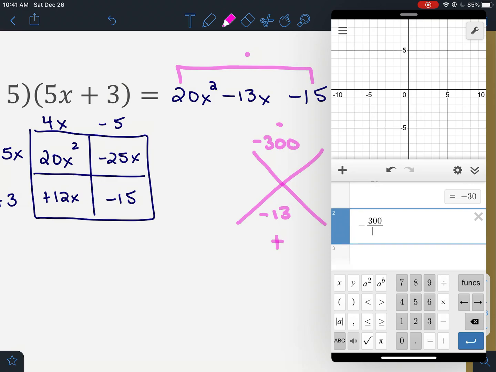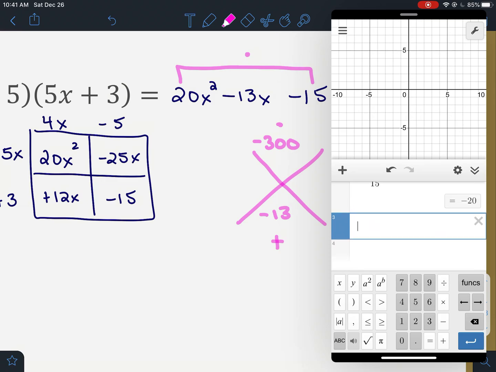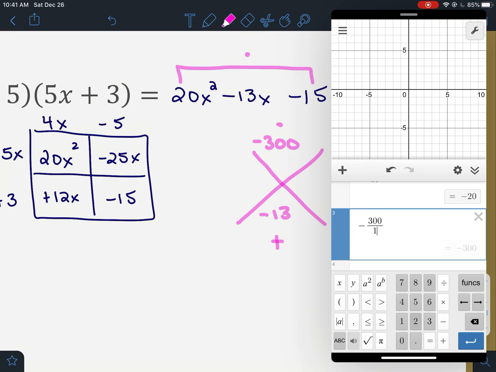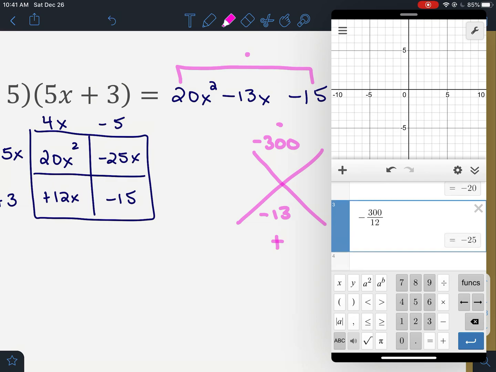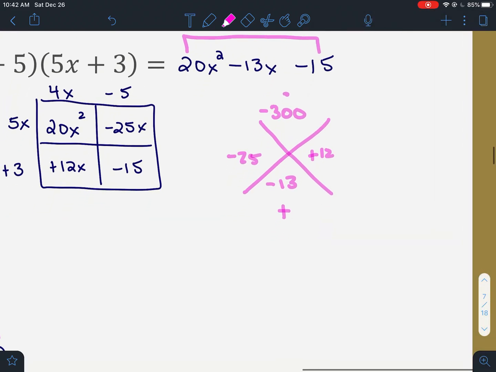That would be negative 30 and positive 10, so that's negative 20. So it's got to be bigger than that. So let's do negative 300 divided by 15. That would give me 5. So negative 300 divided by 12. That would be right. So I need negative 25 and positive 12. Negative 25 times positive 12 is negative 300, and negative 25 plus positive 12 is negative 13.